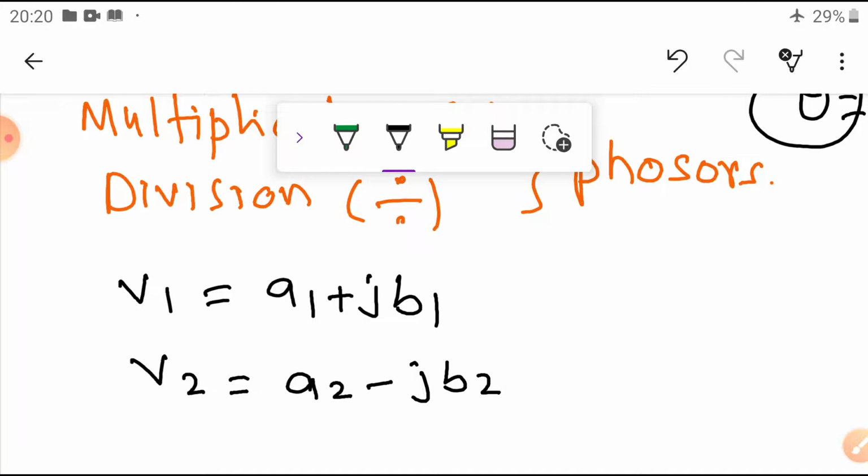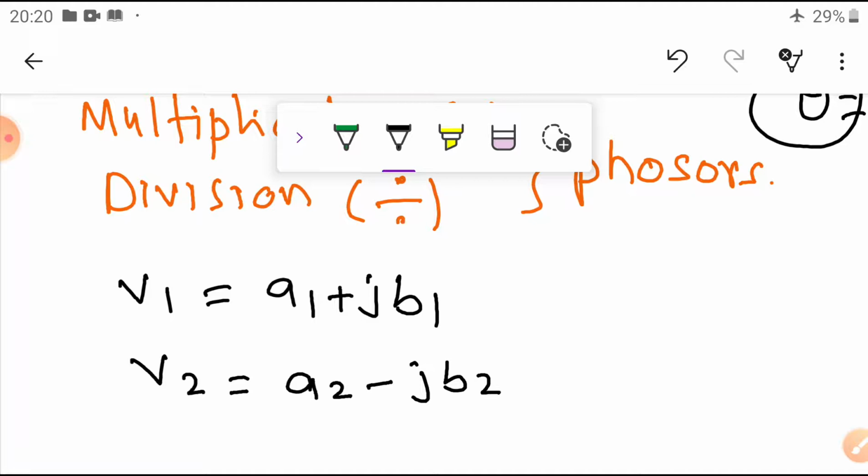Now, I want to multiply these vectors. Normally, multiplication and division is very easy and comfortable in polar form and exponential form, but it is somewhat difficult in rectangular form. Let us do the difficult problem in rectangular form. After that, we will go to the easy methods.